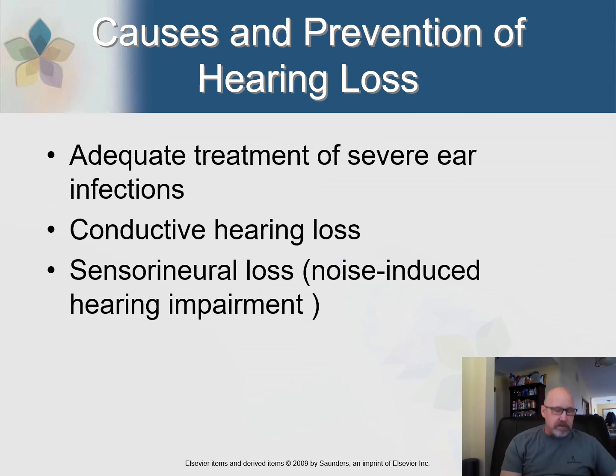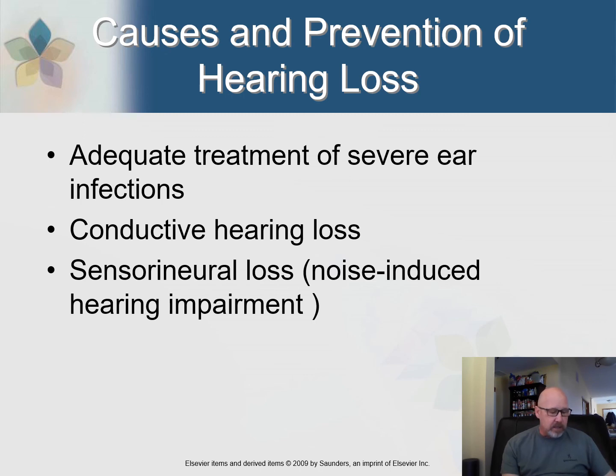So with conductive, the sound is not being conducted in. There's something blocking it, like cerumen sometimes, or the tympanic membrane is hardened and stiffened, or the bones in the middle ear have deteriorated. Sensorineural hearing loss would be more hereditary, congenital, or drug toxicity.